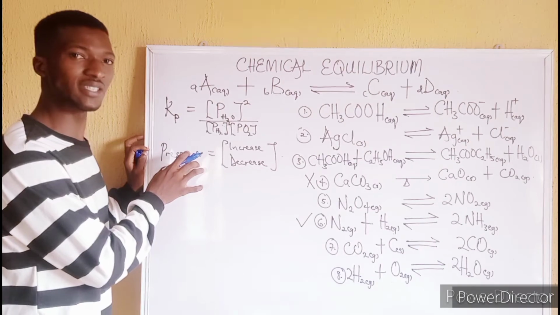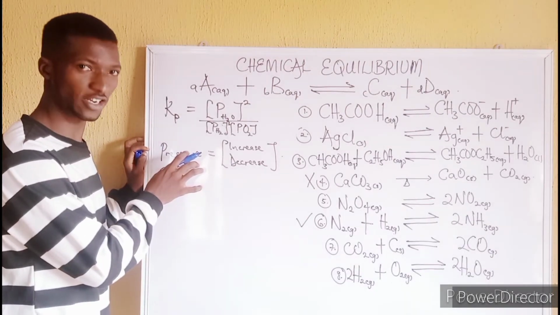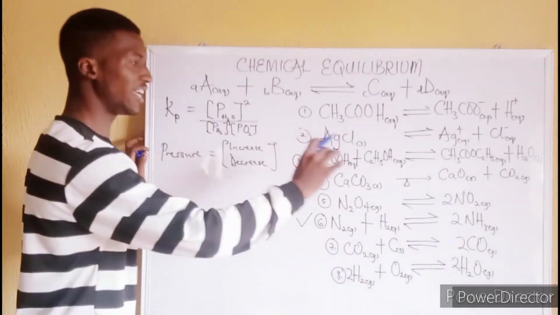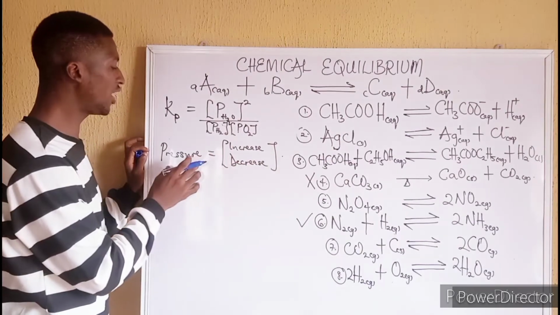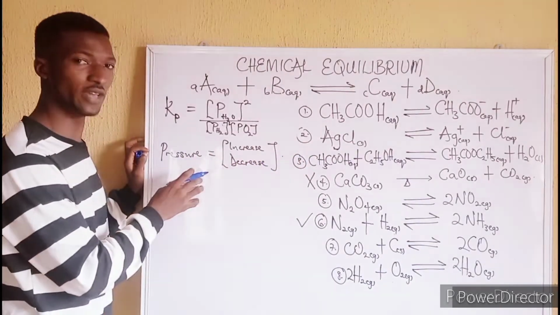So if it is in an aqueous system, pressure will have no effect on the reaction. So for this first reaction, since it's all in aqueous system, the pressure will have no effect, and likewise for the second and third reactions.